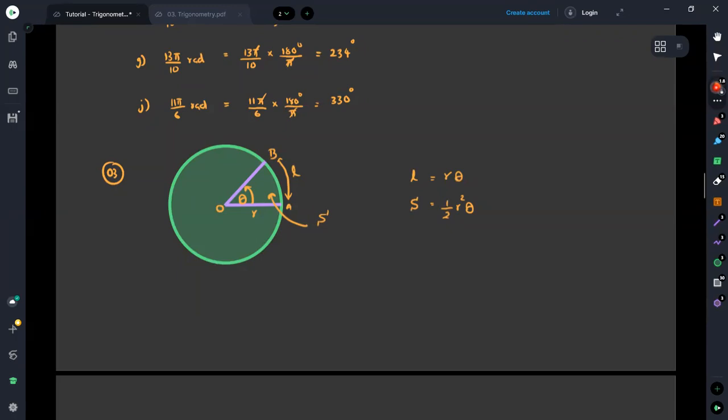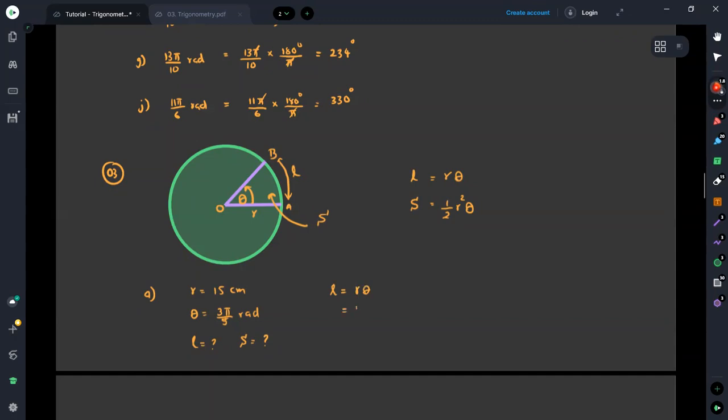Now, for part A, the value of r is 15 centimeters and the value of theta is 3π/5 radians, and we are asked to find the value of L and the value of S. To find L, we use the equation L equals R times theta.